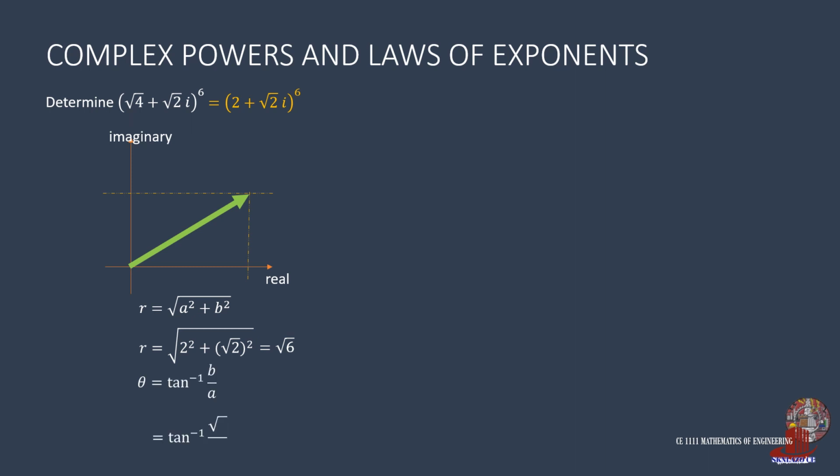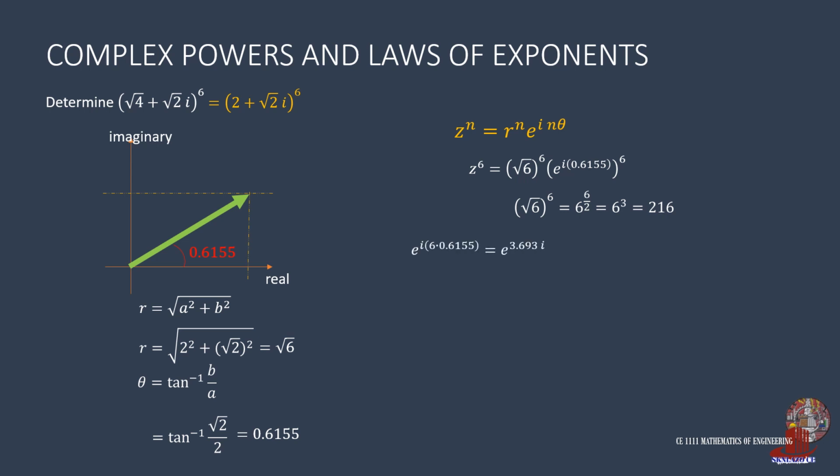Theta is the inverse tangent of root of 2 over 2, which is 0.6155. Place these figures into the format and get z raised to 6 as equal to the root of 6 raised to 6 times e raised to i times 0.6155 raised to 6. The modulus, root of 6 raised to 6, is also written as 6 raised to 6 halves, which makes 6 cubed, or that is 216.